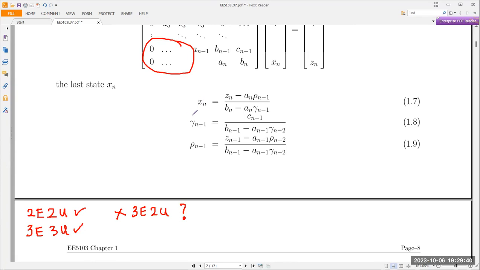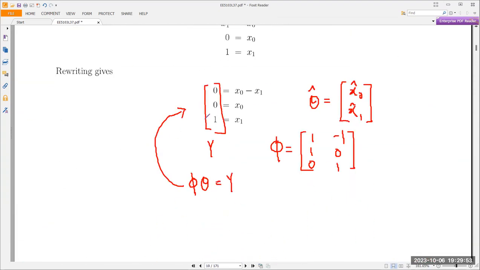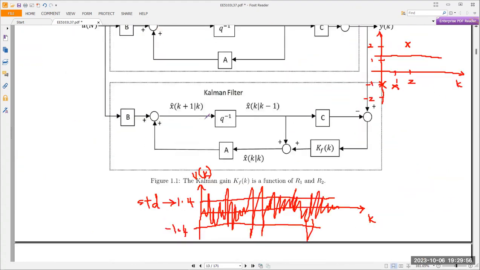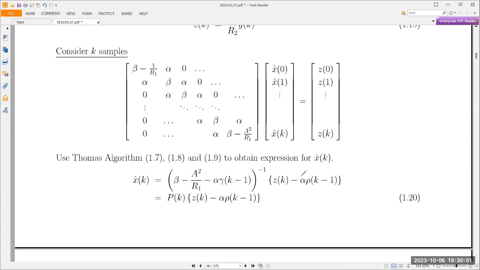Then rho n minus 1 will be this, and gamma n minus 1 is this one. So you go and match the formula, you will then get xk equals this. You go back and match, no big deal, just match, you will get that. Nothing to explain except just monkey see, monkey do. All correct.